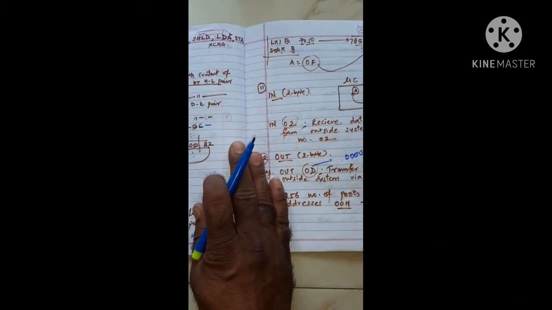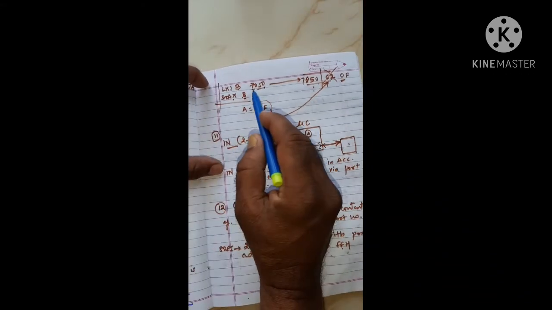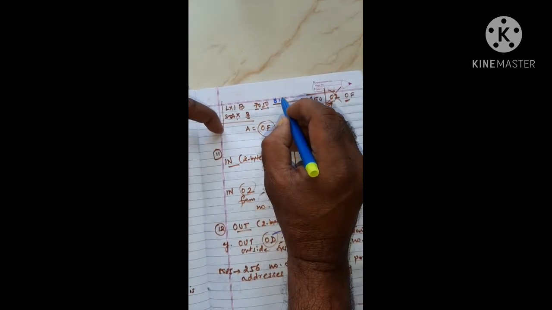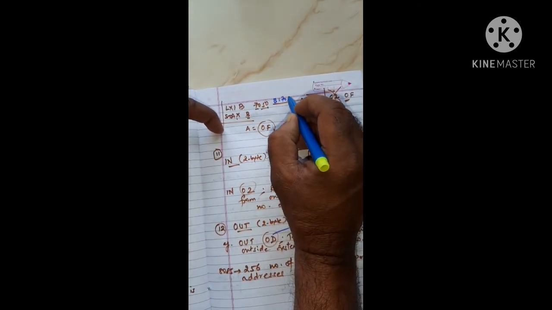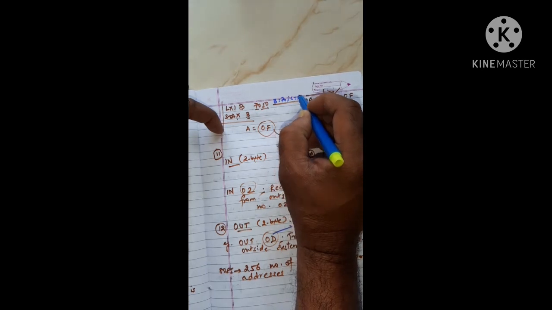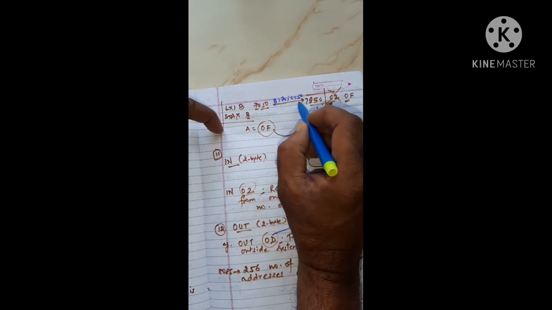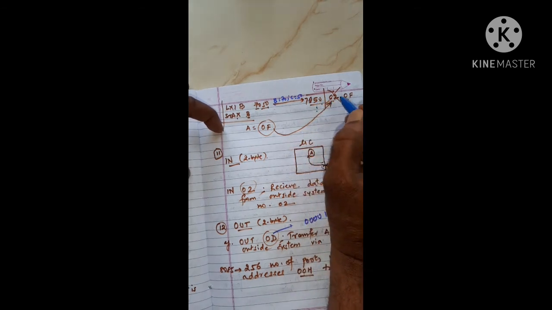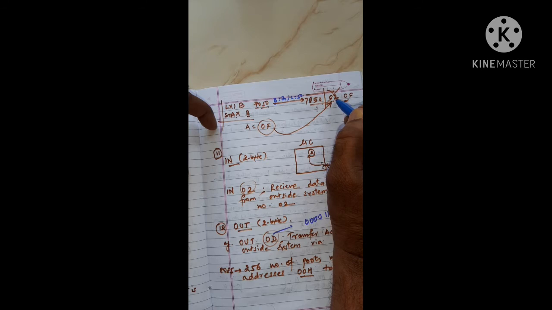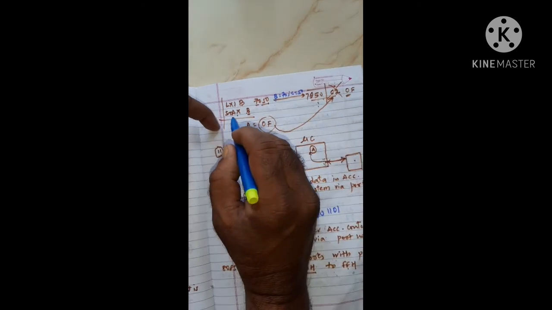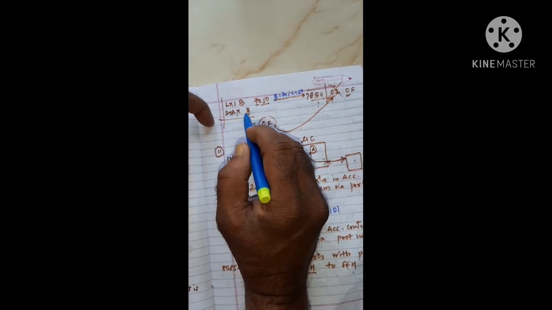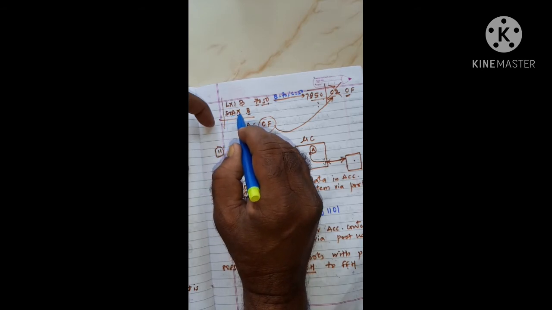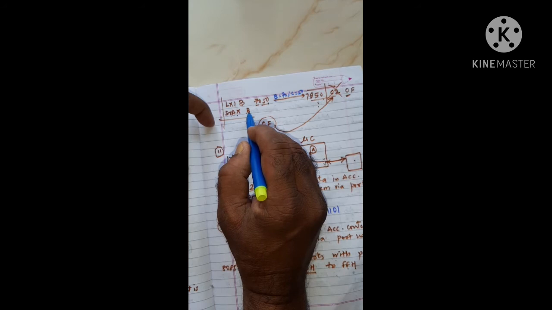Example here is LXI B, 7050. It will load 70 in B and 50 in C to point the memory pointer to location 7050, where the content is C2. If I write STAX B, it means to store the accumulator on the location initialized by the BC pair.